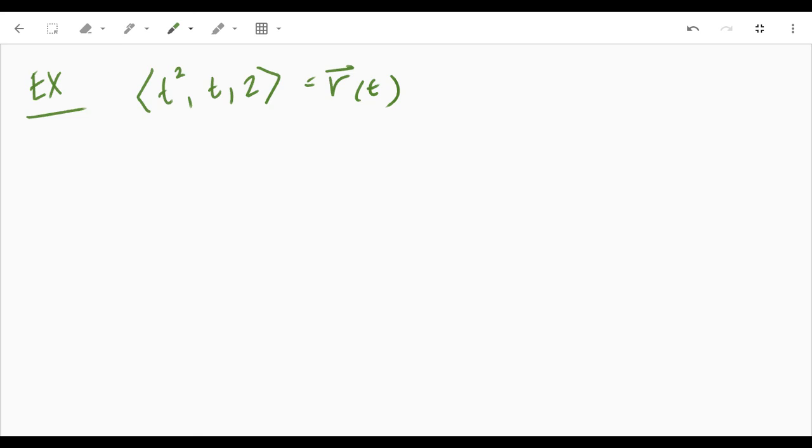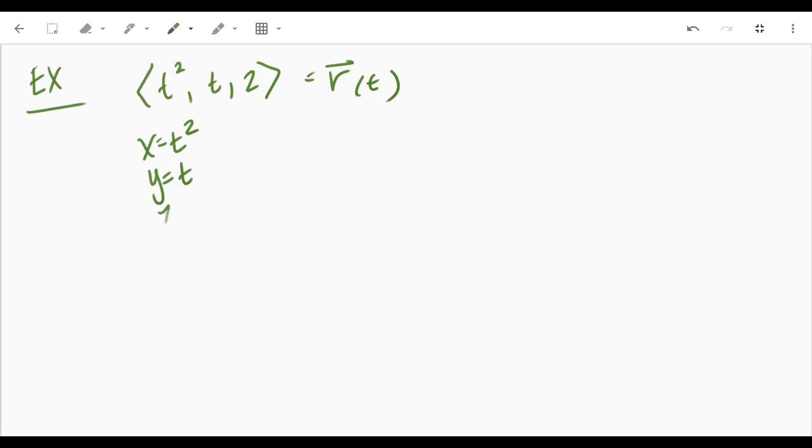So think about x equals t squared, y equals t, and z equals 2. So in your xy plane, x equals y squared, right? If x is t squared and y is t, in our xy plane, we have x equals y squared. So we have a parabola.